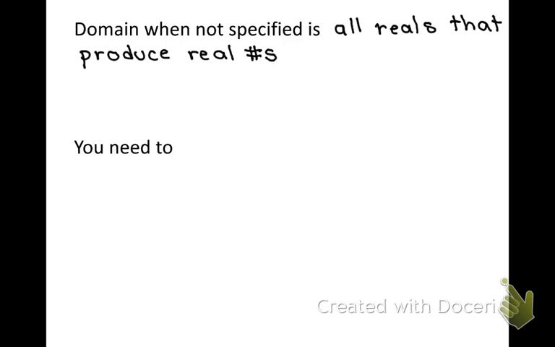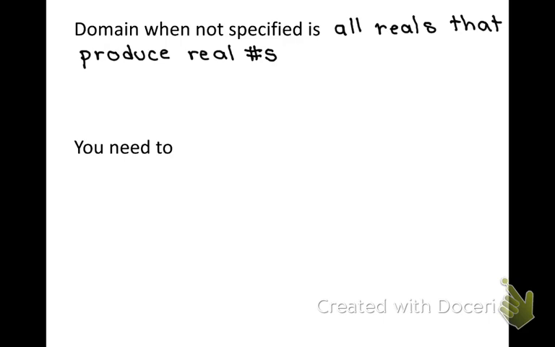Essentially, we're going to assume that domain is all real numbers unless there's a problem, or you're going to hear me refer to it as a bad thing. We'll talk about what those bad things are in just a minute.